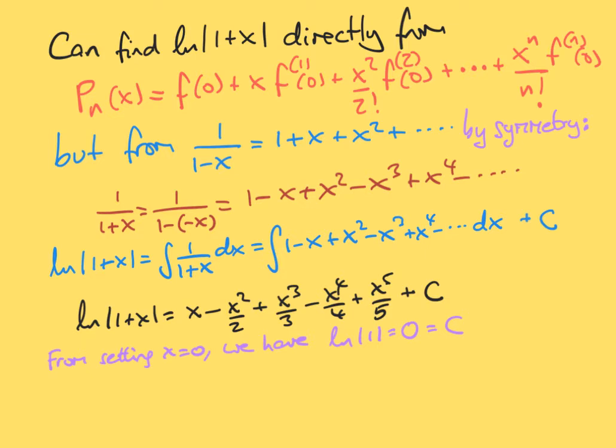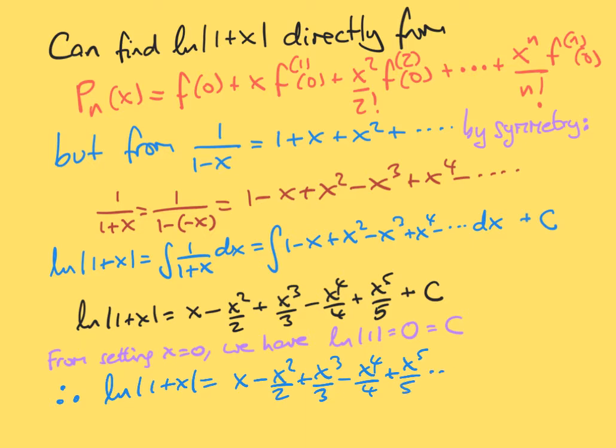And this tells us that the Maclaurin expansion of the log of the modulus of 1 plus x is x minus x squared over 2 plus x cubed over 3 minus x to the fourth over 4 plus x to the fifth over 5, etc. And I'm not going here to think about questions of convergence or anything like that.